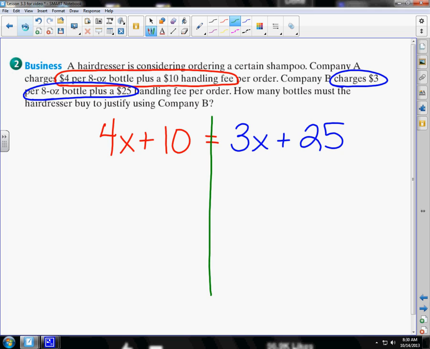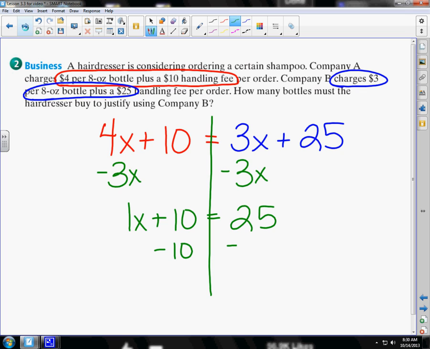Now I'm going to solve this equation. So minus 3x, so that's 1x plus 10 equals 25, and then I minus 10. So 1x equals 15.